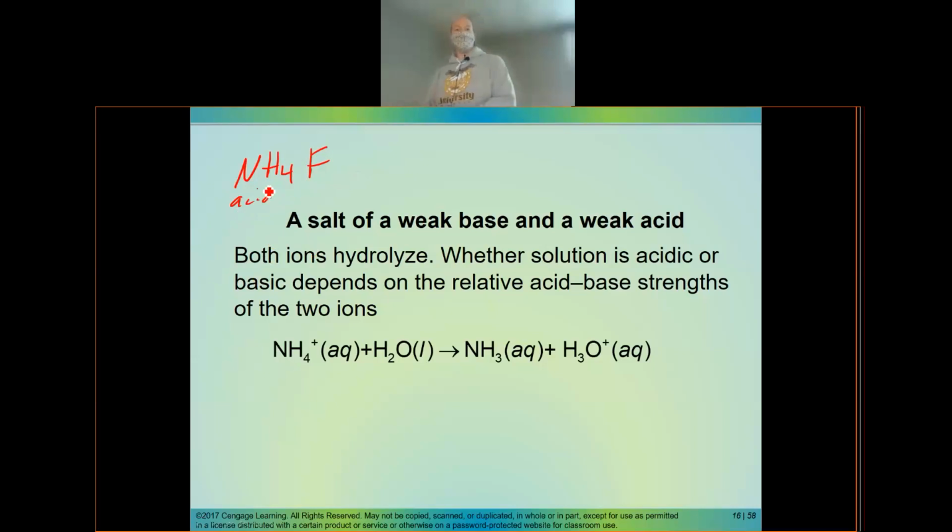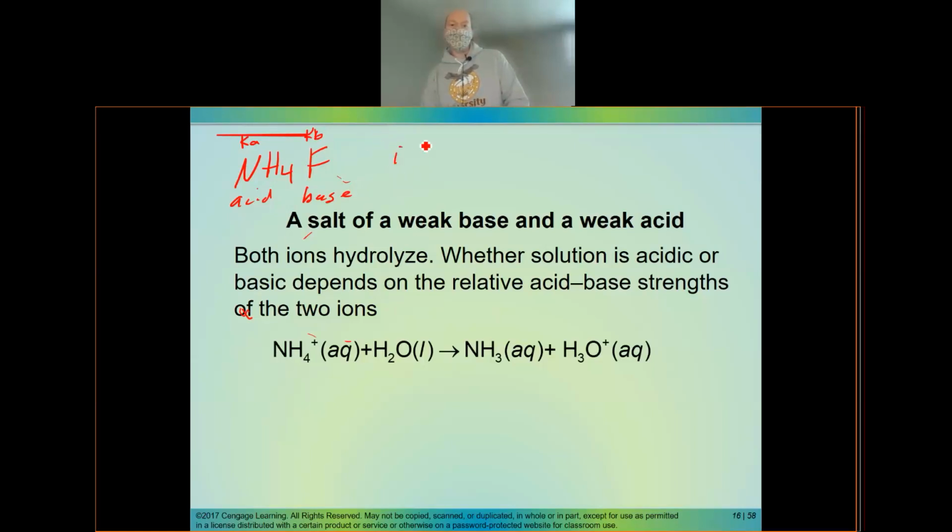That goes to H3O plus or H plus and NH3. The F minus says it is a base. We have F minus plus water goes to HF and OH minus. So the NH4 says it's an acid, F says it's a base. Which one is it? Now you have to look up the Ka and the Kb. So you find the Ka for your NH4, you find the Kb for your F minus.